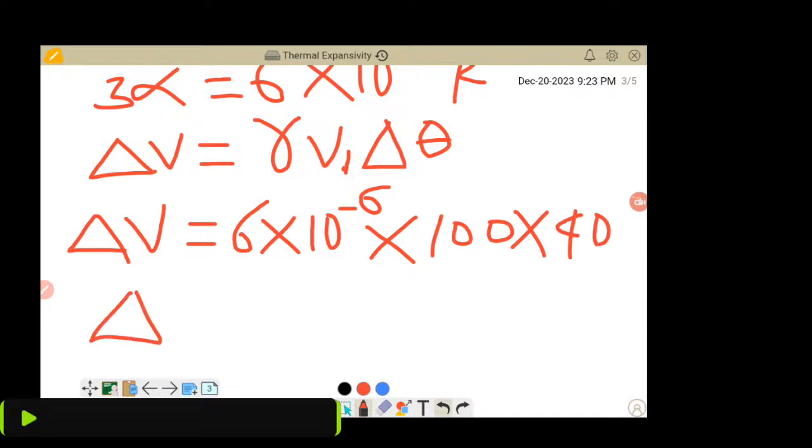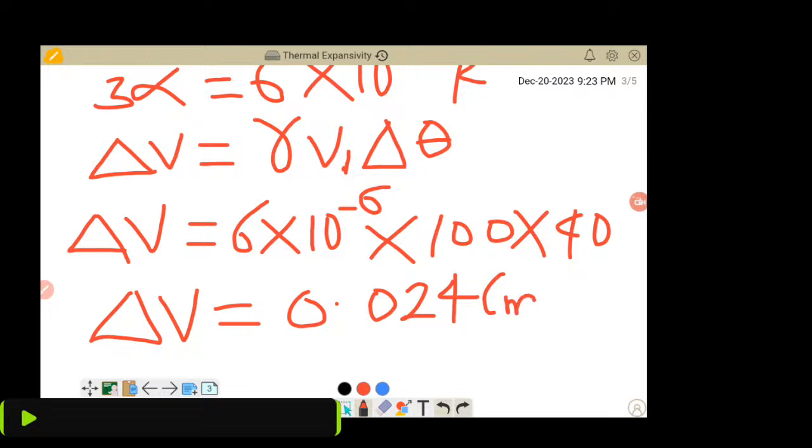So delta V will be equal to 0.024 centimeter cube. So that is what we have.